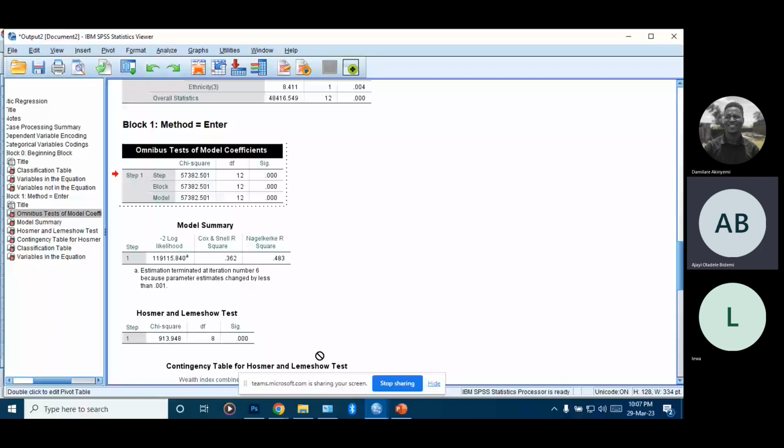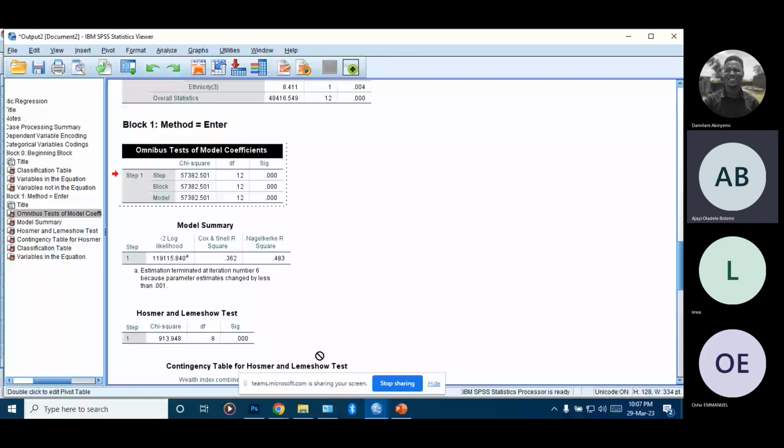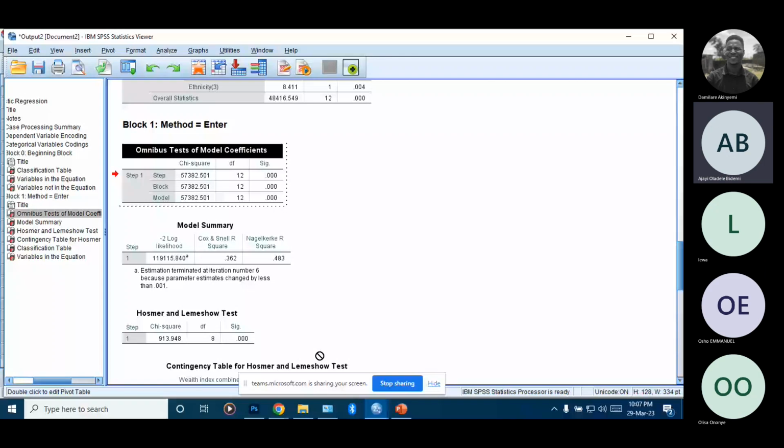So you reject H naught if the p-value is less than alpha. In this case, the p-value for the model is less than alpha. So we conclude that our model is significant.